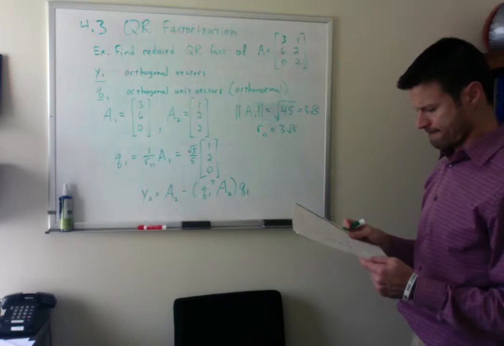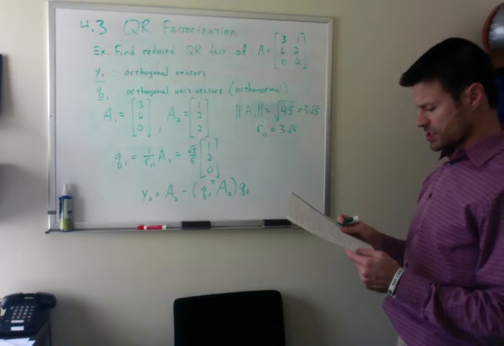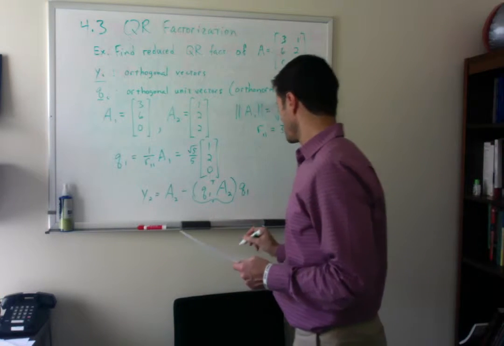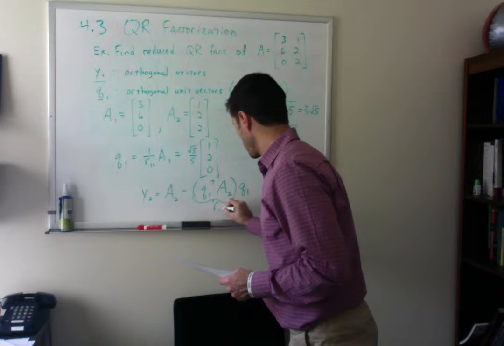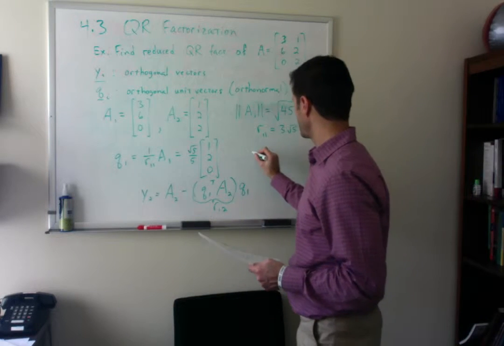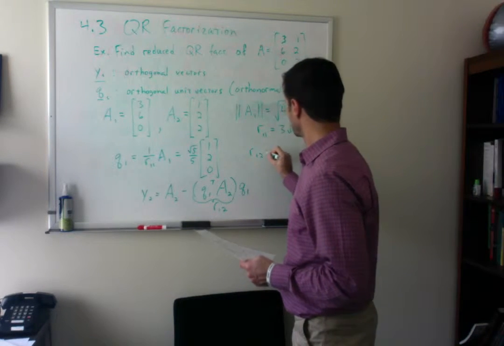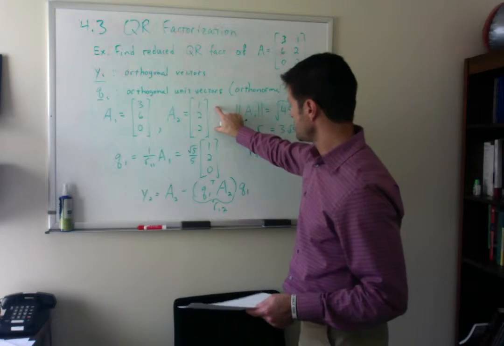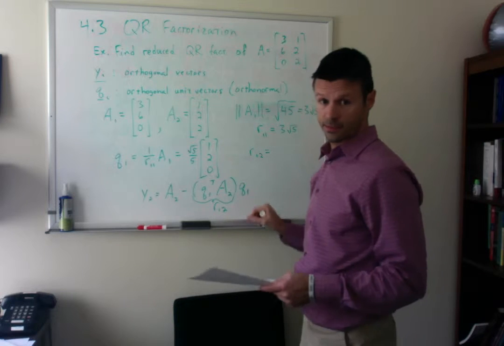The first thing that we're going to do is compute this dot product here. We're going to label this as r12. So r12 is equal to a2, which is this guy, dotted with q1.